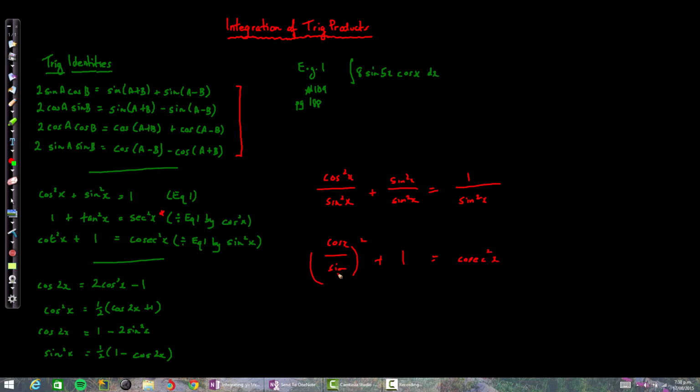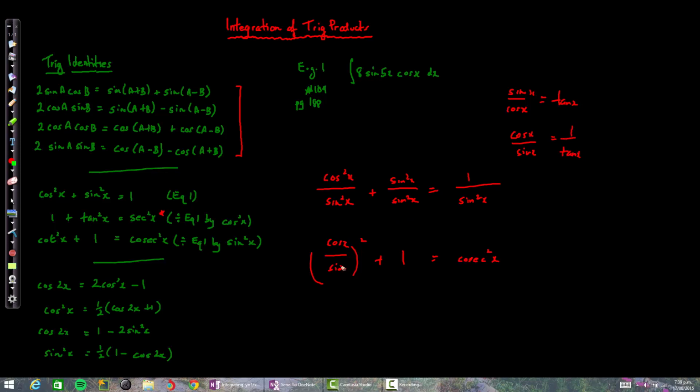Cosine over sine, well that's the same as the inverse of tangent. Now how's that coming about? You might recall that sine over cosine is equal to tangent, therefore the inverse of that would be cos over sine, which is 1 over tan.